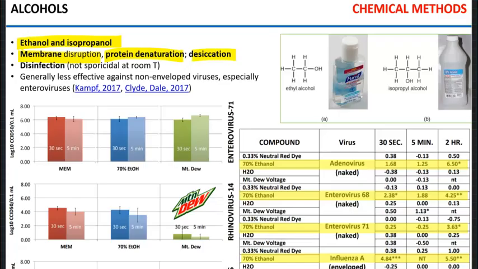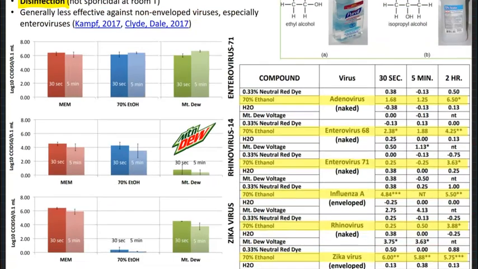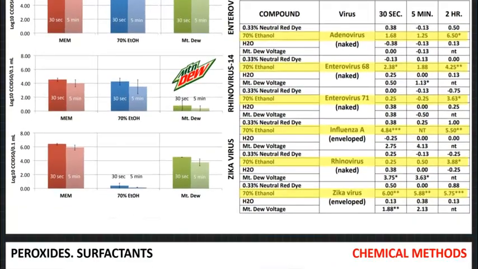Okay? They are disinfectants, and this is the moment when we circle back to Ebola virus, to some extent. So the alcohols are very effective against enveloped viruses. Do you see the table on the right? Yeah? So influenza and Zika virus are enveloped.